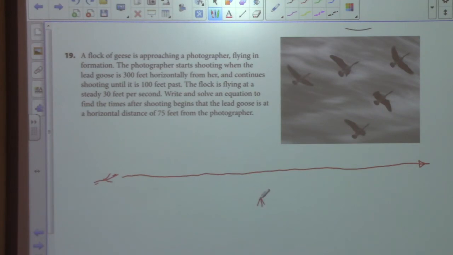And then you got a camera sitting up here. So your photographer is looking at this, and the bird is horizontally 300 feet away from her like this, right?